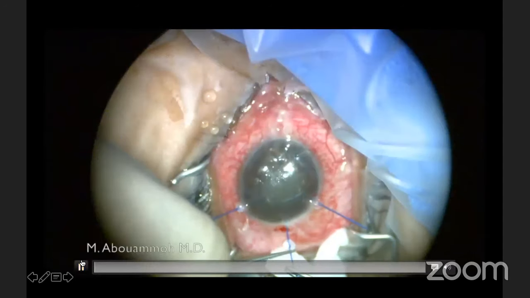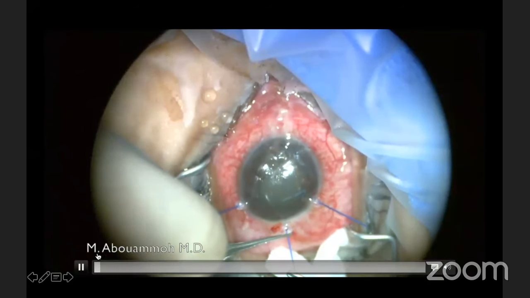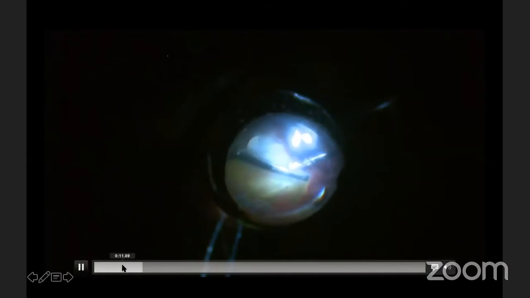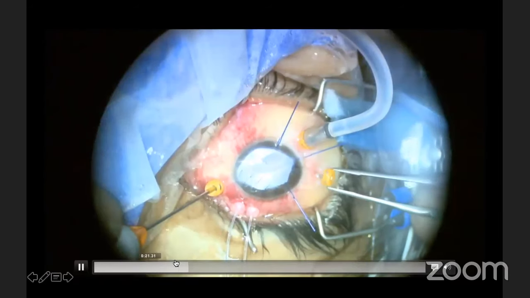In this case, there was a retinal detachment along with the intraocular foreign body, which was large, due to a broken screwdriver. There was a lot of vitreous hemorrhage inside the eye, which we needed to deal with.